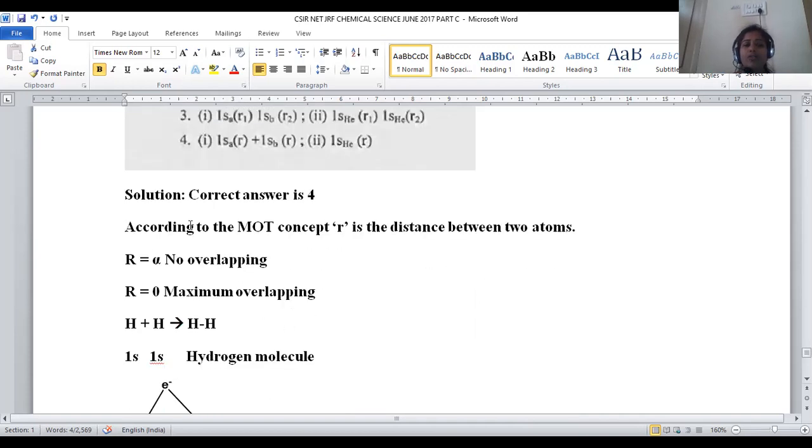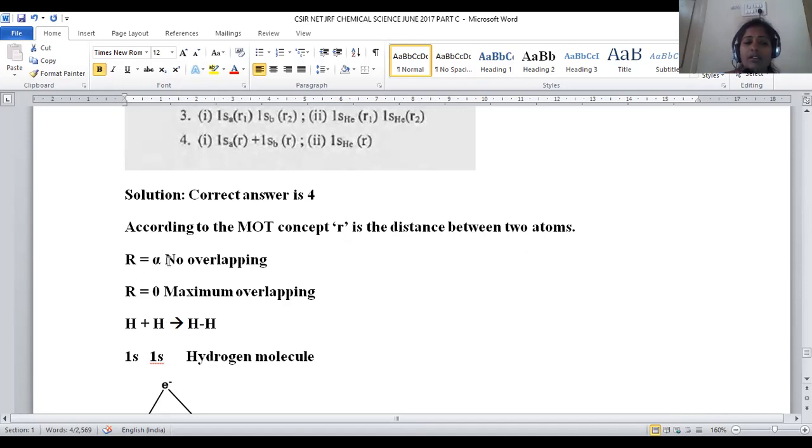So for that purpose, according to molecular orbital theory, R is nothing but the distance between two atoms. When any two atoms combine, the distance between the two consecutive nuclei is denoted as R. Okay, R depends on the extent of overlapping of atoms.